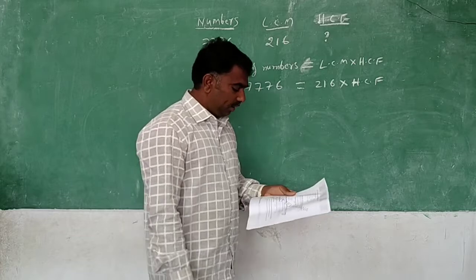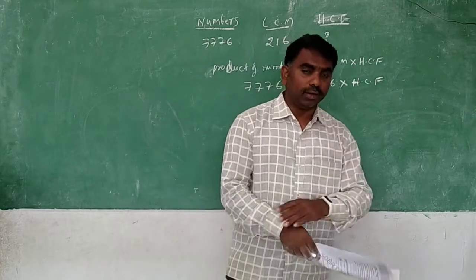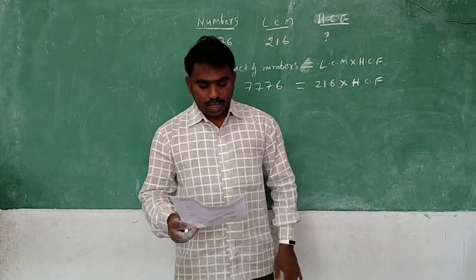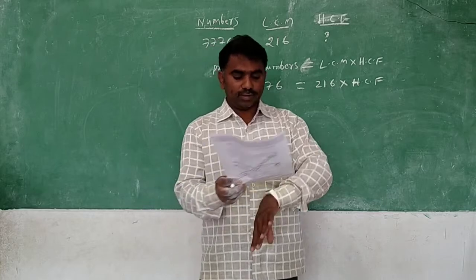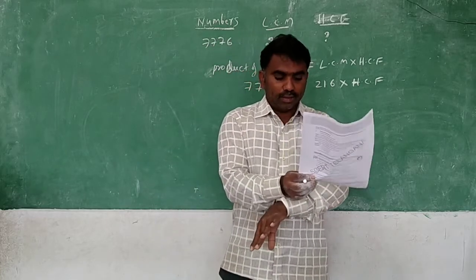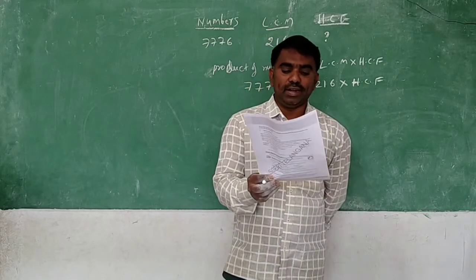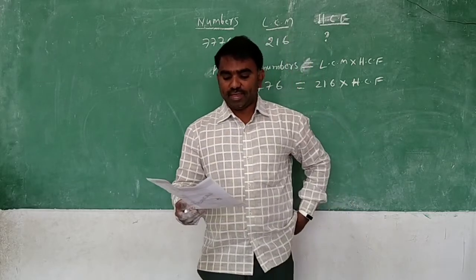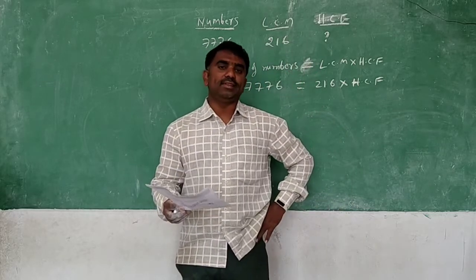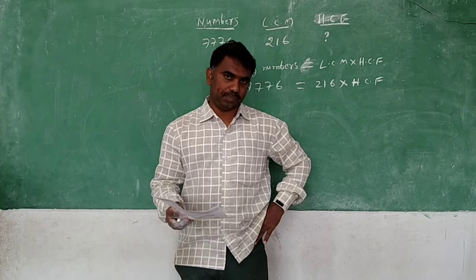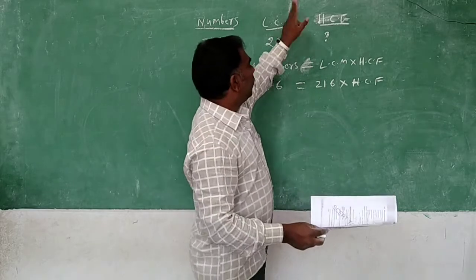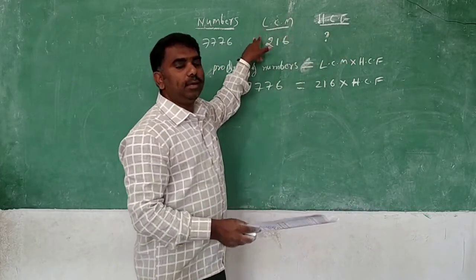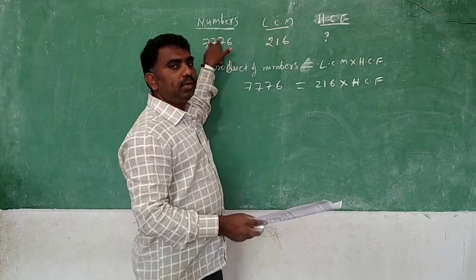In the same way, there will be a third problem. You see question number 3. The product of two numbers is 3276. If their HCF is 6, find the LCM. This is also the same. Here HCF you know and LCM you have to find. Product of the numbers is there.